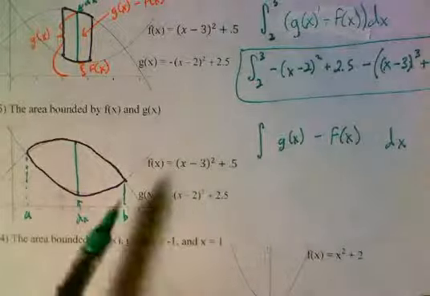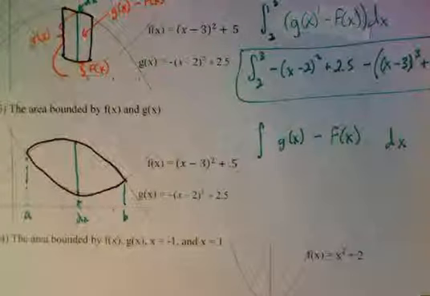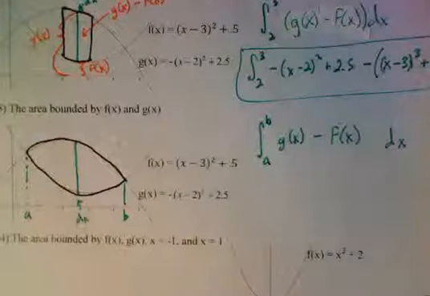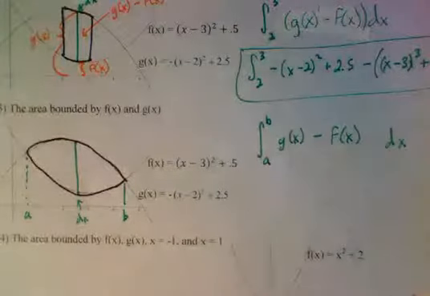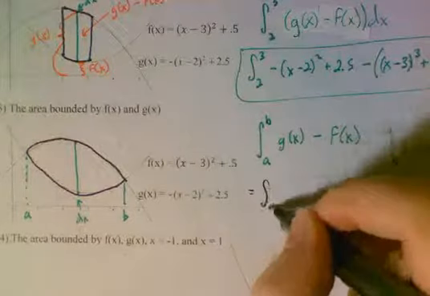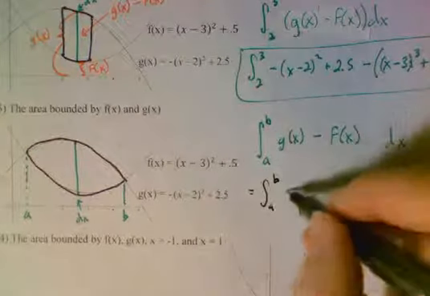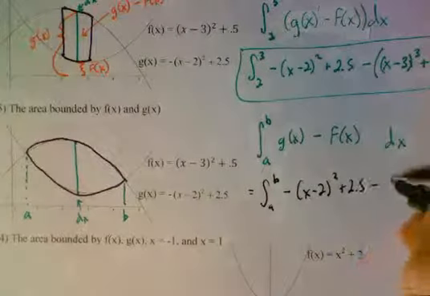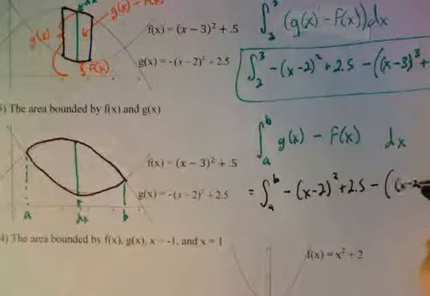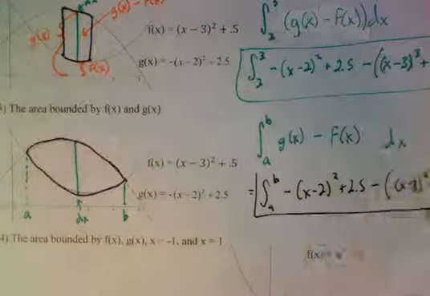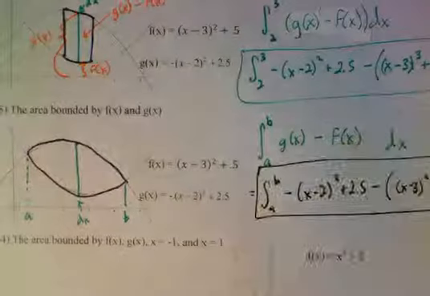In later lessons we're going to figure out how to find those numbers, but for now, let's just say it's going from a to b. Just like we did up here, we can substitute. And there we go.